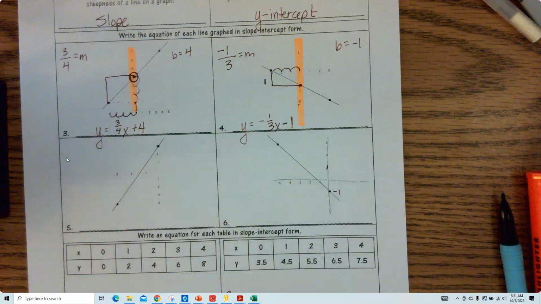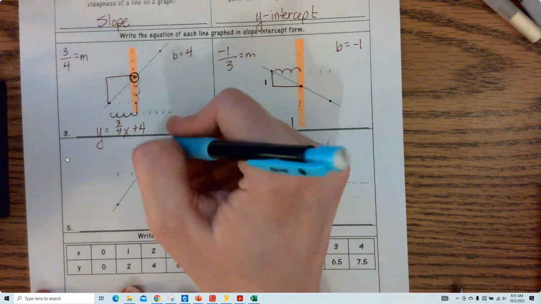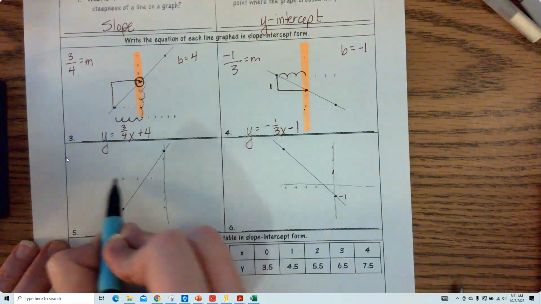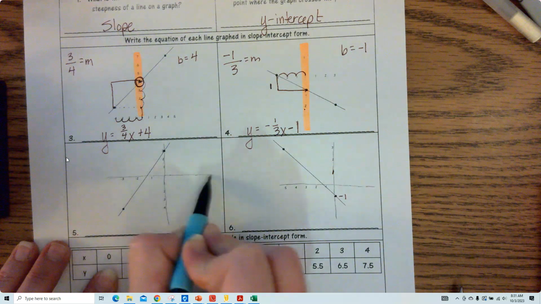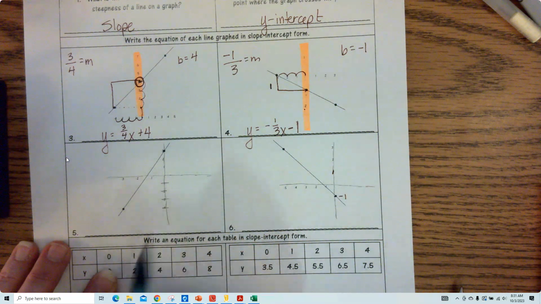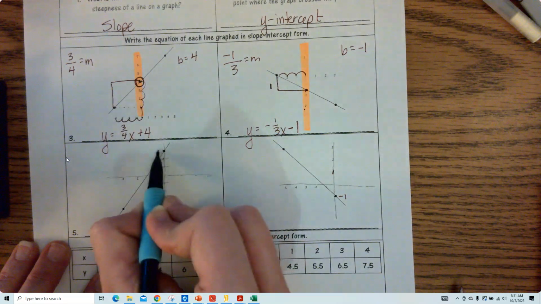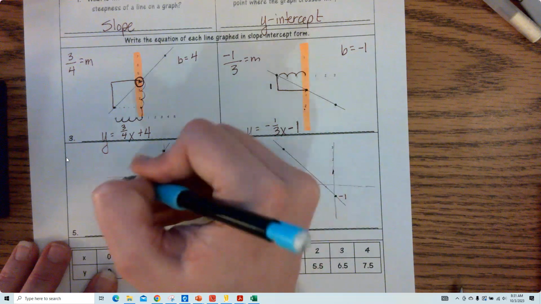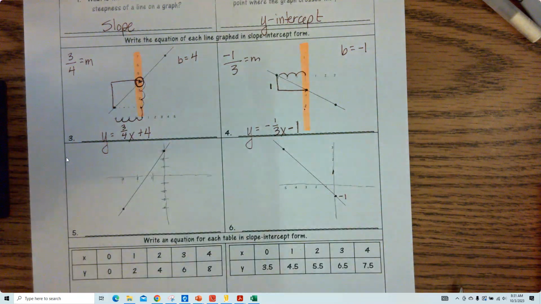Sorry, hard to see. And then this one, here's your y-axis. Here's your x-axis. So you've got 1, -1, -2, -3, -4, and then 1, 2, and 3. And then you've got -1, -2, -3. Try those. If it's hard to see, I'll help you count over your slope and everything.